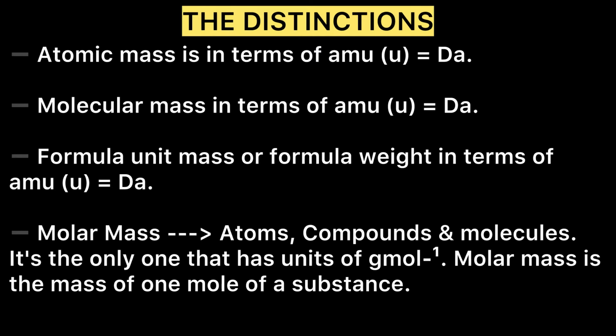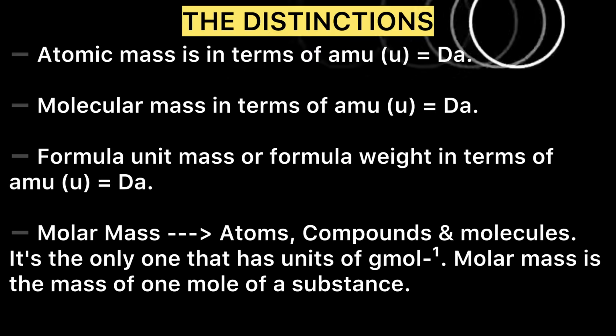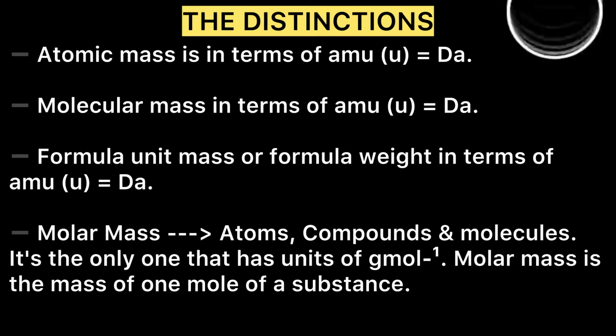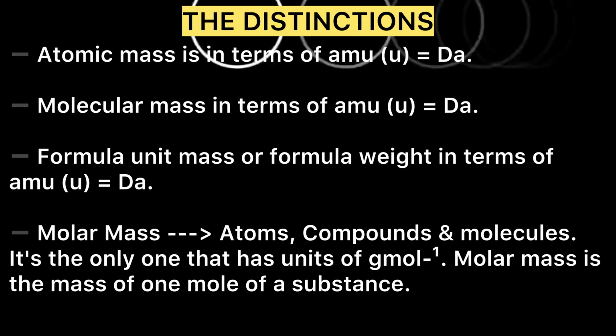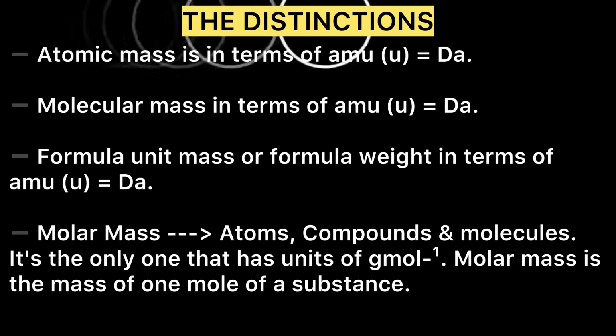Then lastly, molar mass represents all of them. So it comprises atoms, compounds, molecules. It is the only one that has units of gram per mole. People make the mistake of putting units on relative atomic mass. Relative atomic mass does not have units.